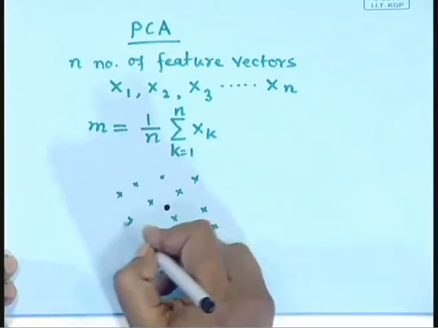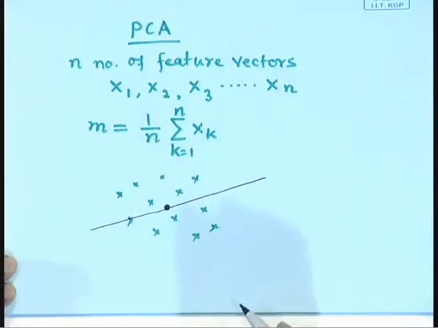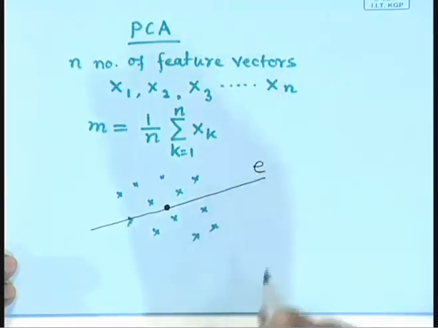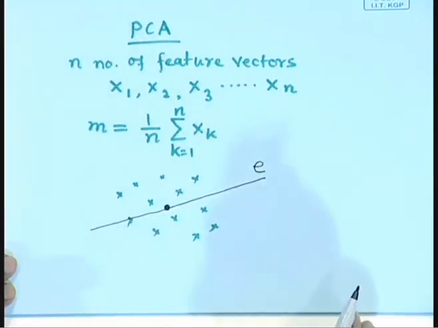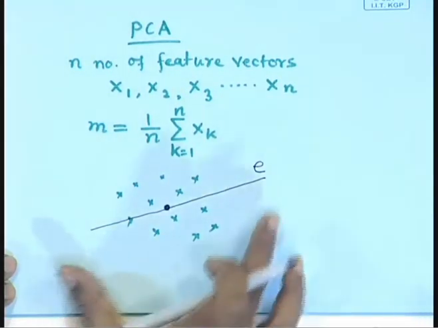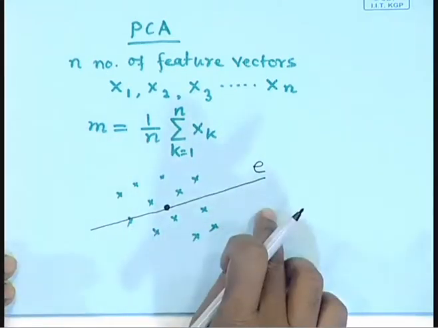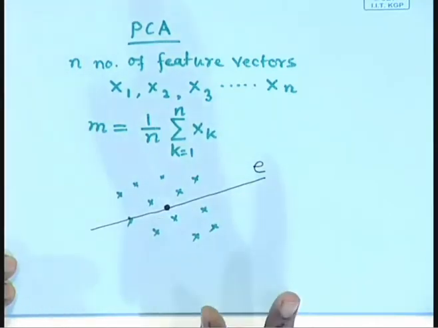So, let us take a line passing through the mean of these feature vectors, okay. And let me assume that a unit vector in the direction of this line is given by e, right. So, I am in space x, within the space I have a line passing through the mean of the given sample feature vectors, and the direction of this line I am saying is e, right.